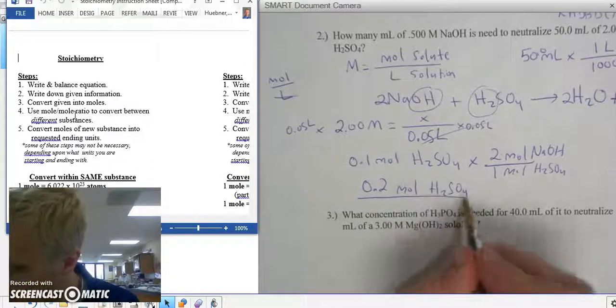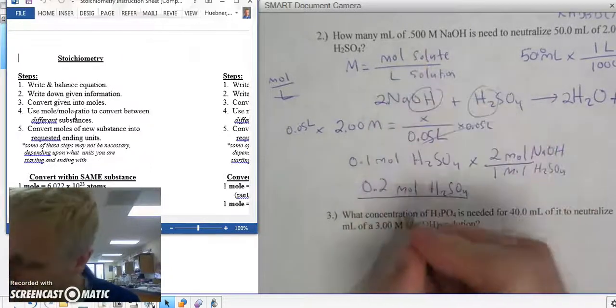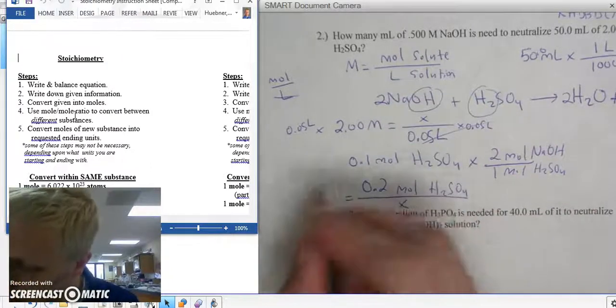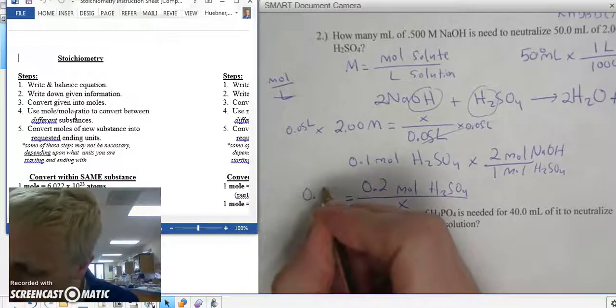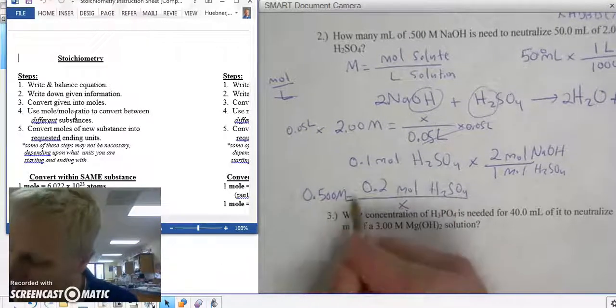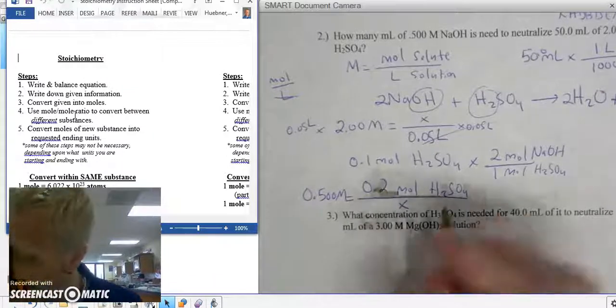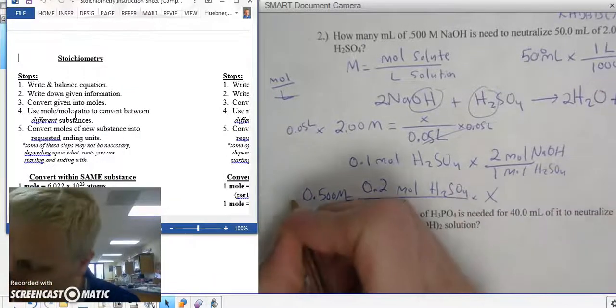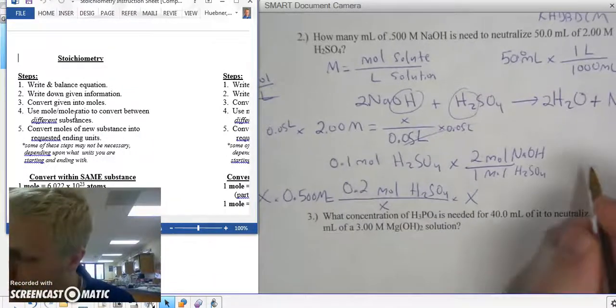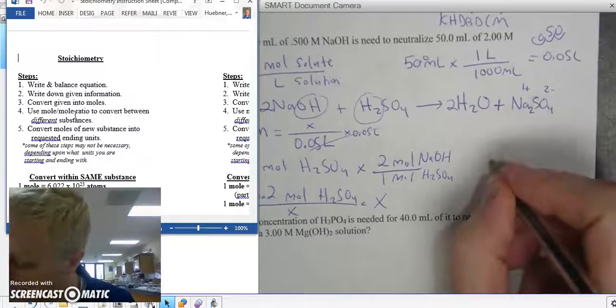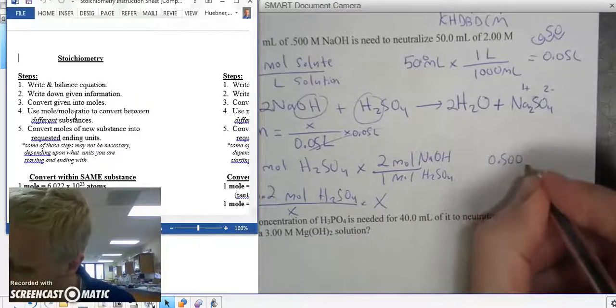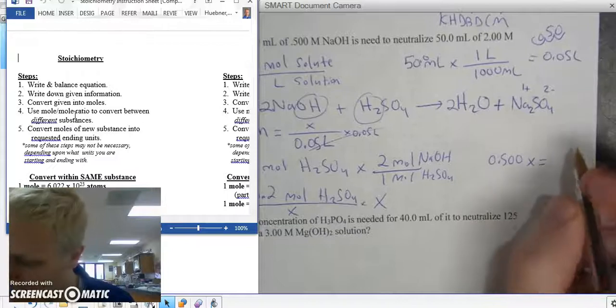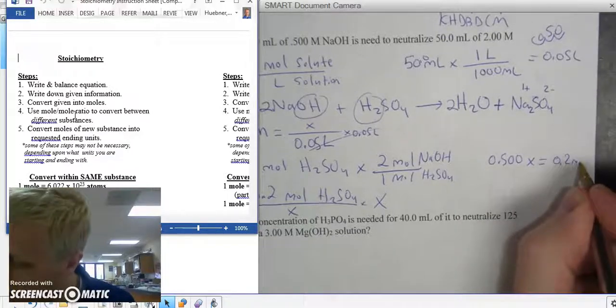It's going to be moles of solute over our liters of solution, and that equals 0.500 molar. Molarity equals moles over liters. I'm going to multiply both sides by my x. This gives me 0.500x, and that equals 0.2 moles.